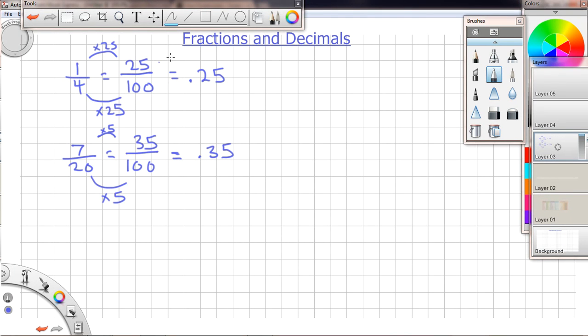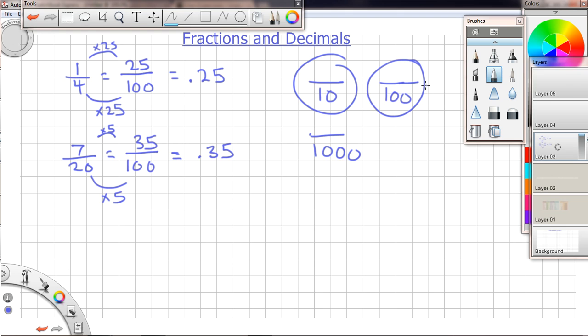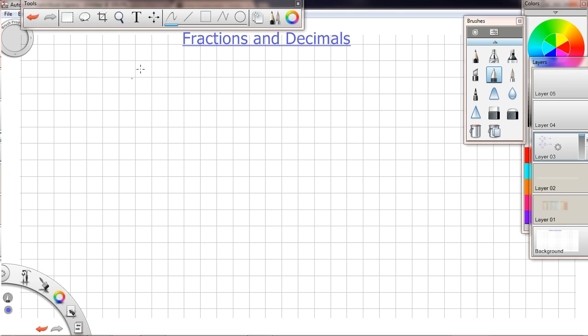Now, you can only do this with numbers that will divide evenly into powers of 10, so into tenths, hundredths, thousandths. We probably wouldn't want to do it for thousandths, but mainly look for things that'll go into 10 and 100. Some of the fractions that do this easily are things with denominators of 2, 4, 5.